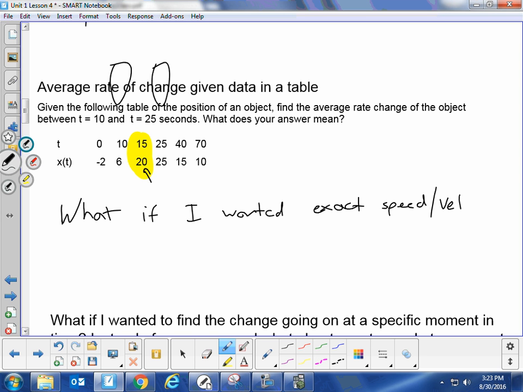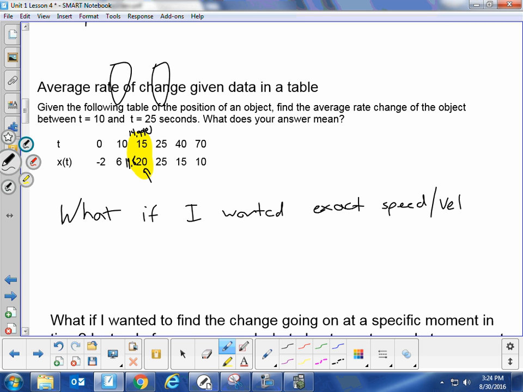So you're saying position here is not going to do me any good. You're saying the position, the 20th meter, maybe isn't helping me. Maybe I should go a little bit to the left and to the right of this 15th second. Yeah. Well, that's a decent idea, Mr. Quigley. You're saying this isn't going to help me here. This is not enough information. It's almost like I need the 14.999 seconds and the position that I am there.